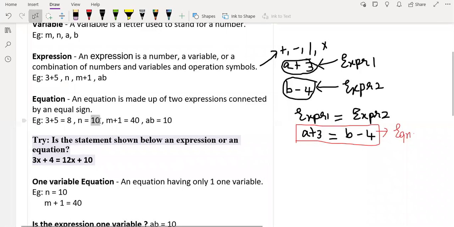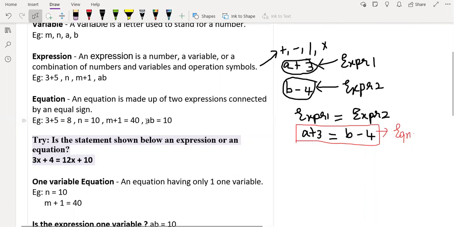And 10 is also an expression because we saw that a number is also an expression. So these two expressions are separated by equal to sign. So therefore this becomes an equation. If I consider the third one, left hand side is an expression, right hand side is an expression. Both are separated by equal to sign. So therefore this entire m plus 1 equals 40 will become an equation.